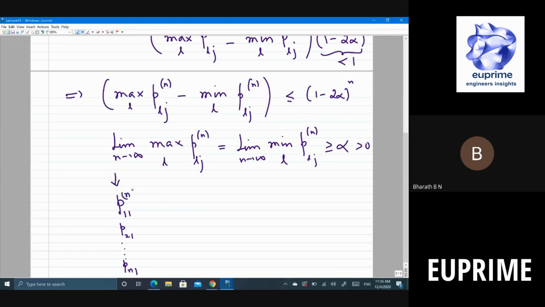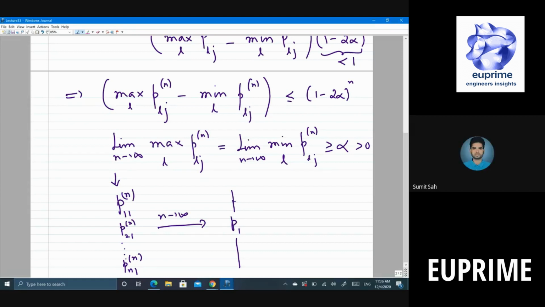This is in n steps. This is the first column of the P power n matrix. So you are looking at the max element and the min element, and it says both will coincide asymptotically. That means this will go to a particular vector. Let me call it P1 as n goes to infinity. That's what it's saying. Is that fine?